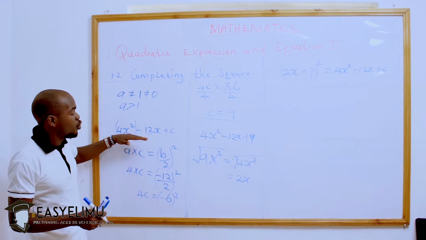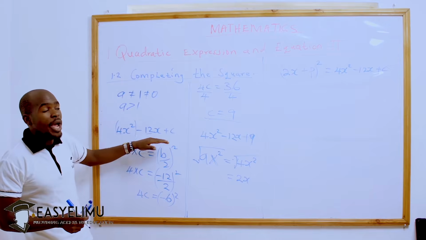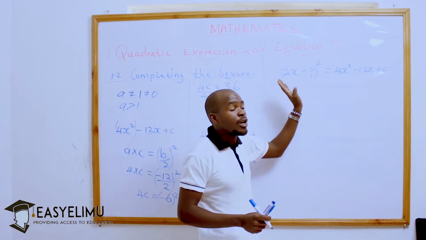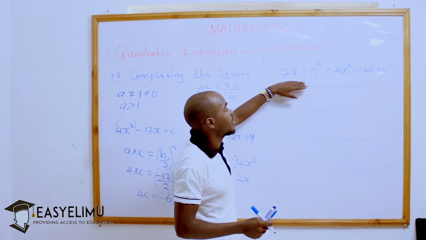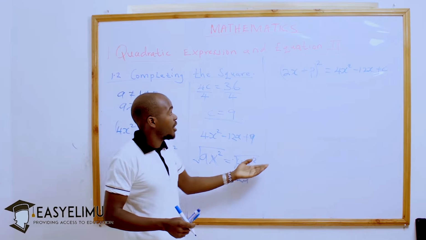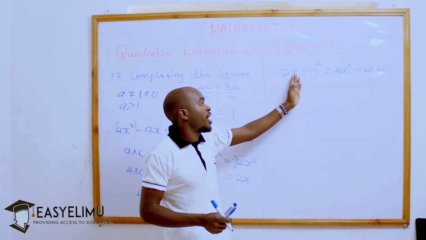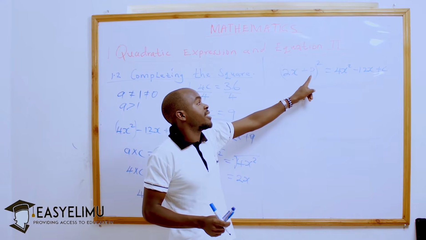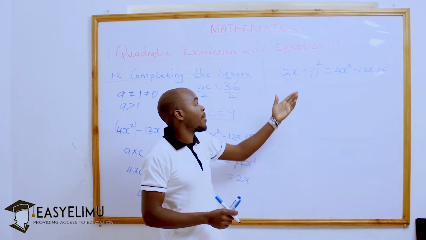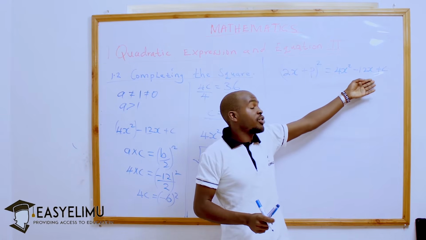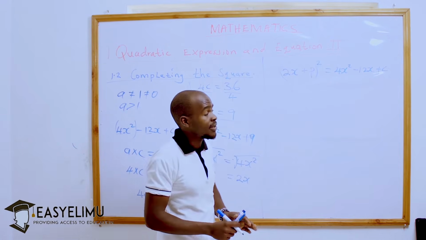And then we equate this quadratic expression to a perfect square, which will be formed after completing the square, and that is, you find using this method as I showed you, and you will find it is 2x plus a coefficient which we don't know of c, and that is p, then we square. This is a perfect square which has been derived from the quadratic expression here after completing the square.